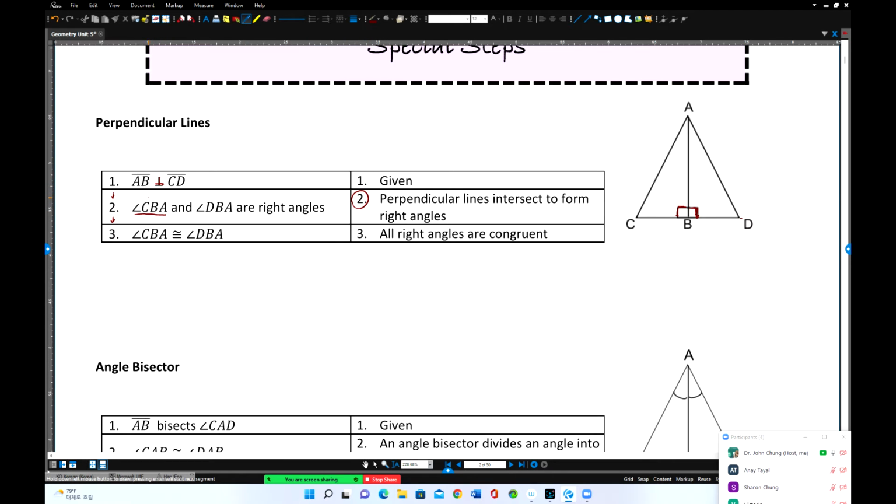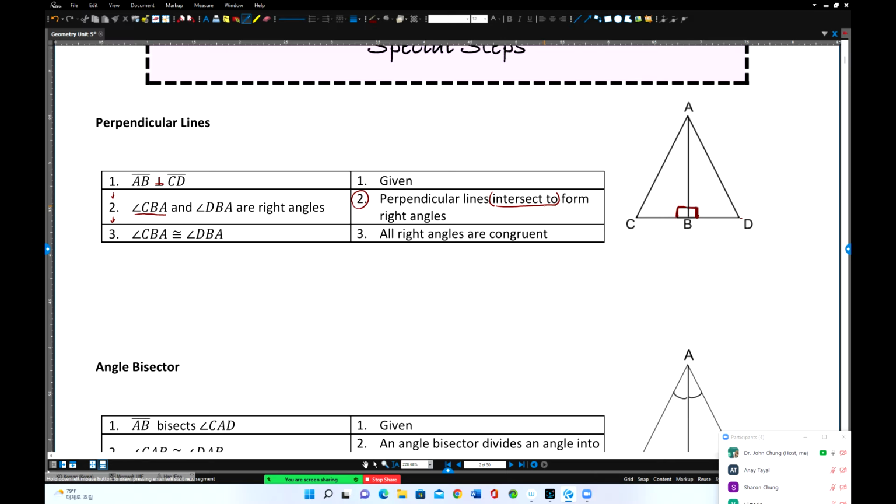Perpendicular lines intersect to form right angles. When you intersect these two lines, they create what? Right angles. Or you can skip the word intersect and just say perpendicular lines form right angles.